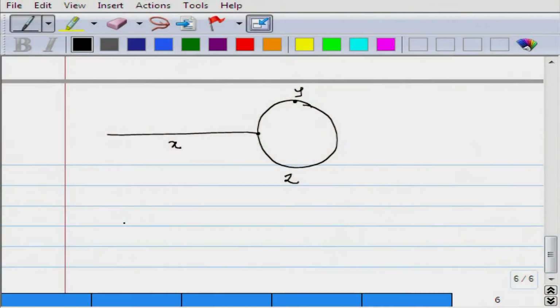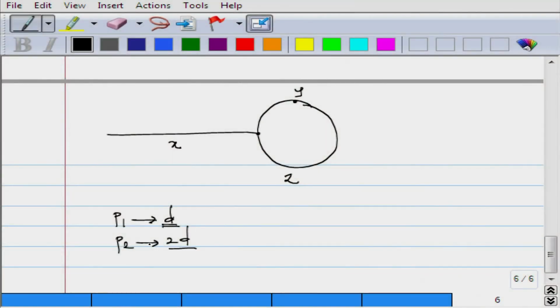So, now based upon this, we will consider pointer P1 travels a distance d, by the same time pointer P2 travels a distance 2d. That is what we assumed in our first objective, am I right?